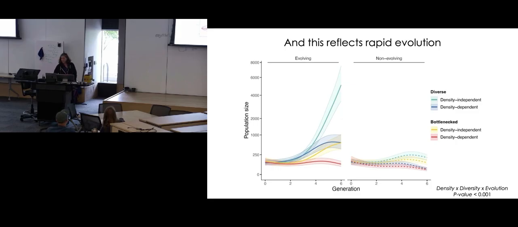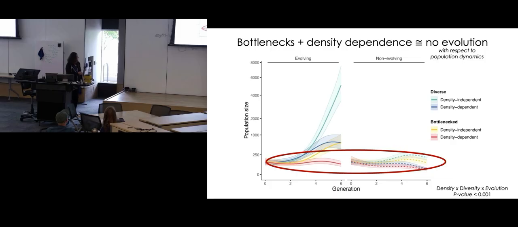And I think something really fascinating is that having the combination of density dependence and a bottleneck gives population dynamics that are essentially like no evolution whatsoever. That doesn't mean evolution isn't happening, but you can't see it in the population dynamics.